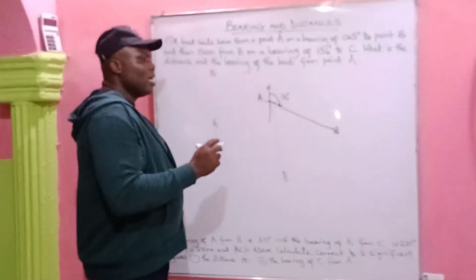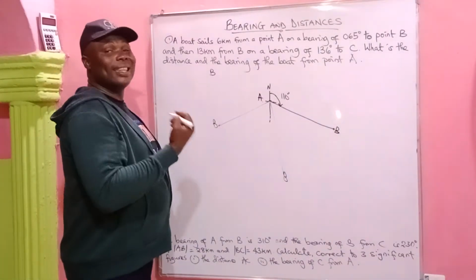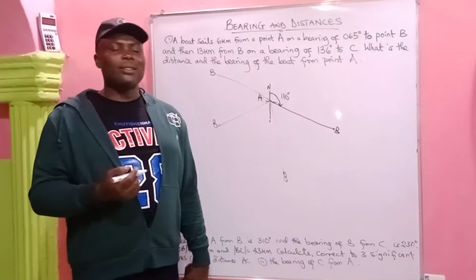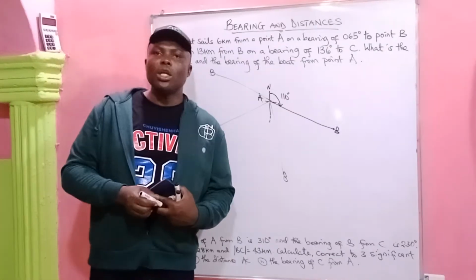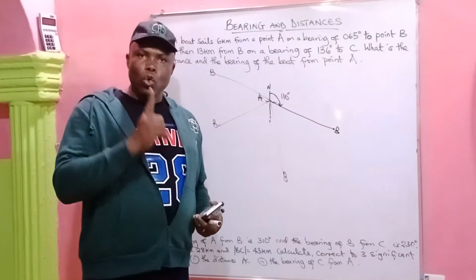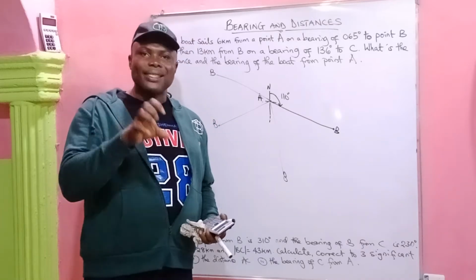Let's say 200 and something degrees, we would have known that the place is here. And with 300 and something degrees, we would have known that B is on this other side. So you can see that you can only know the location of B from A by the angular location, which we call the bearings. So it pinpoints the exact location.